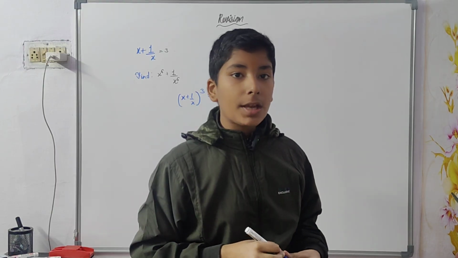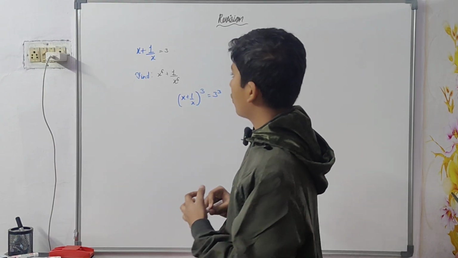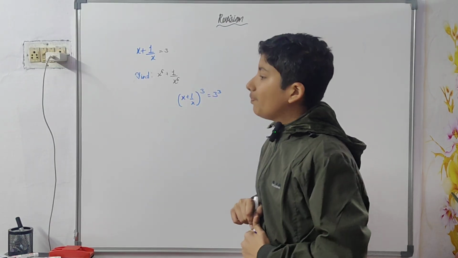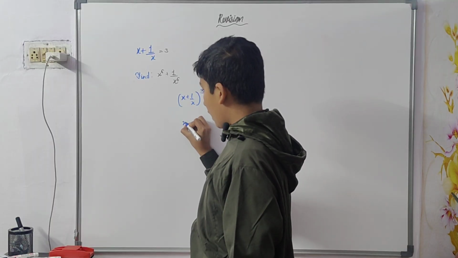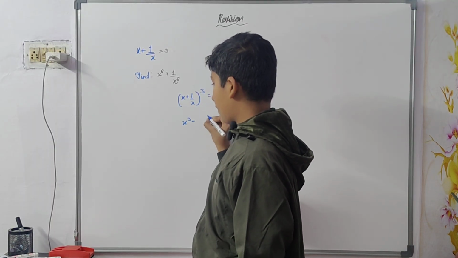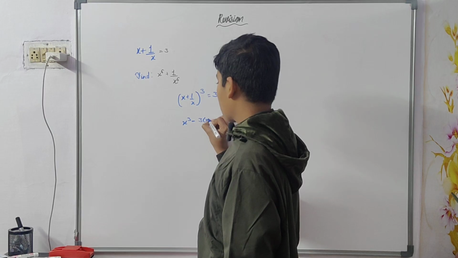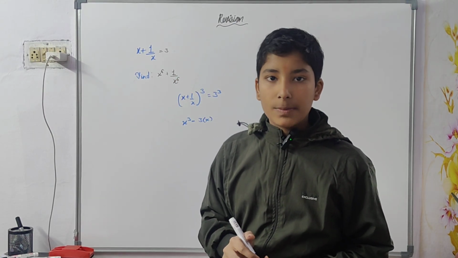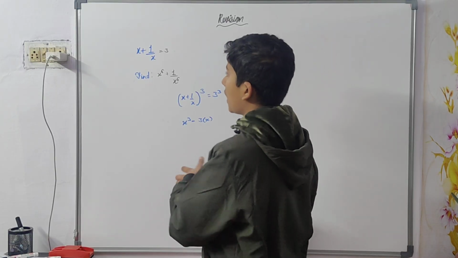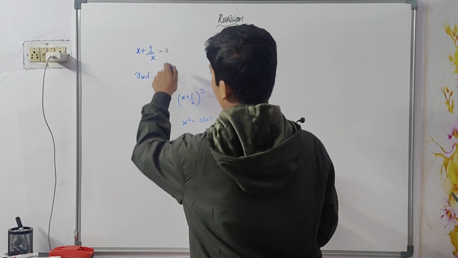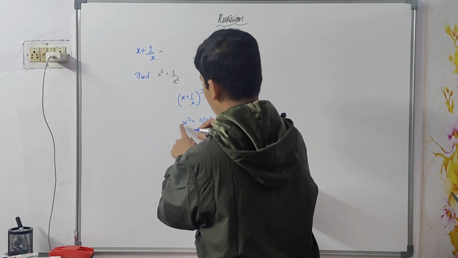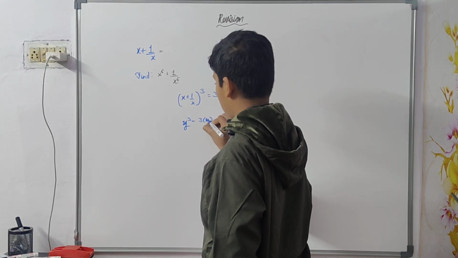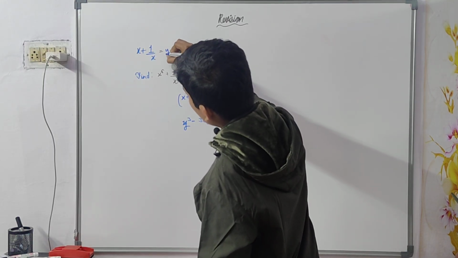See, if this question is in MCQ form, for cubing you can use a formula. x is a variable, for example, and x plus 1 by x, let us consider it y. x plus 1 by x equal to y.